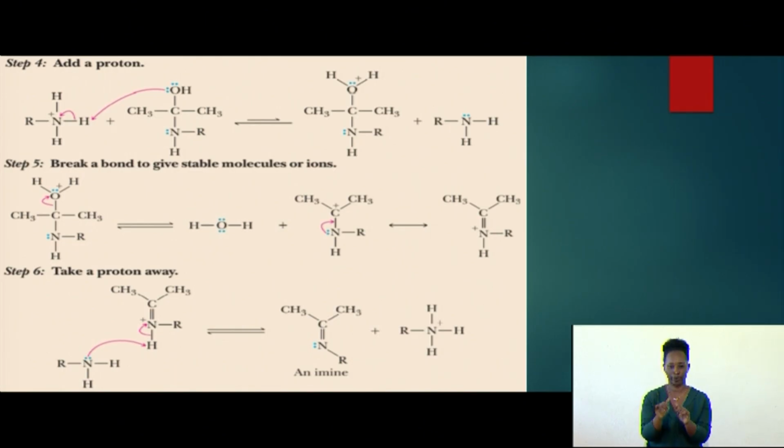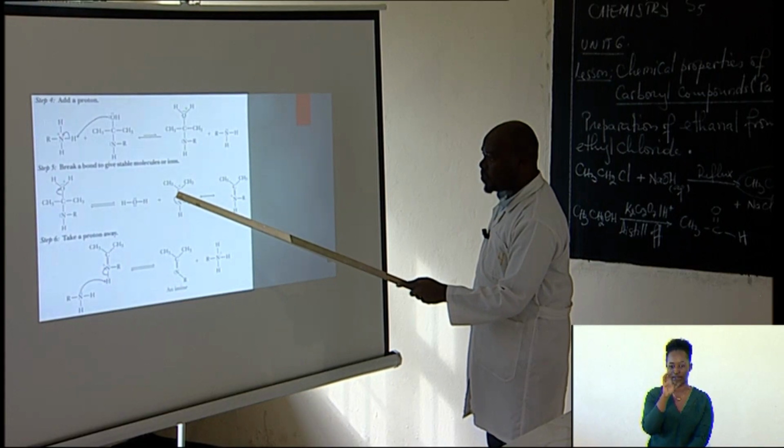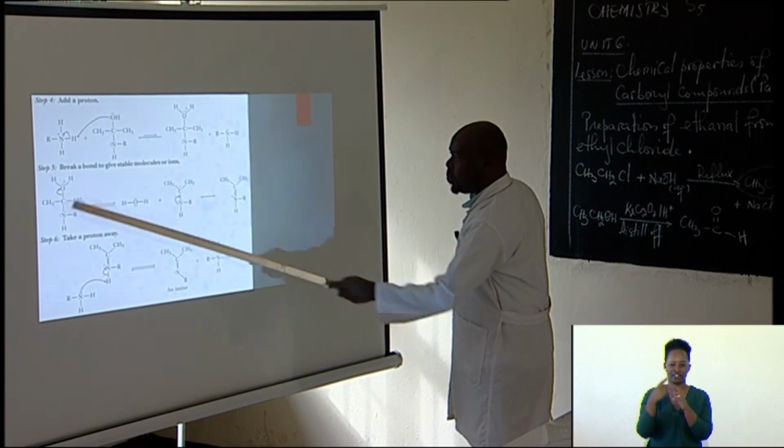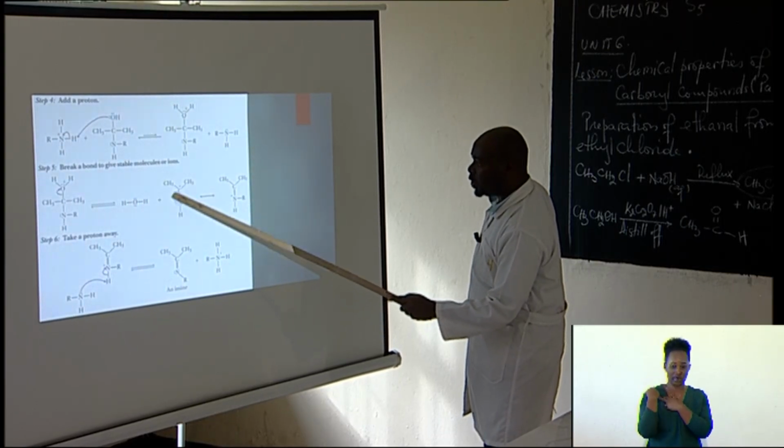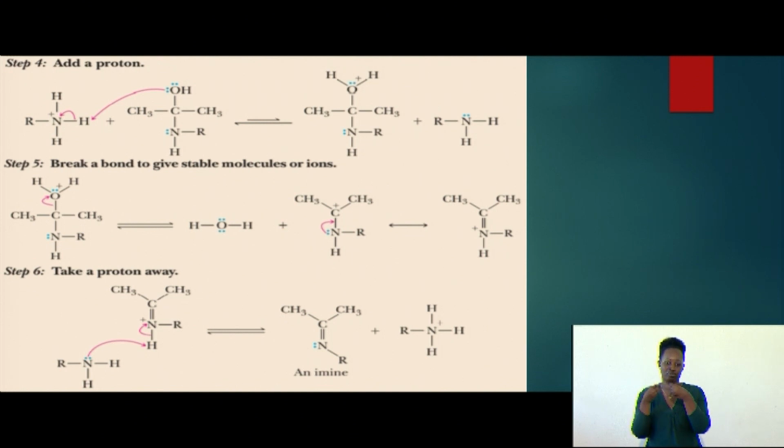So in this case, the bond breaks, producing a stable water molecule, and here a double bond forms. Nitrogen has a lone pair, and with the positive charge on this carbon, they join to give us a double bond. But as the double bond is formed, we now get a positive charge on the nitrogen.